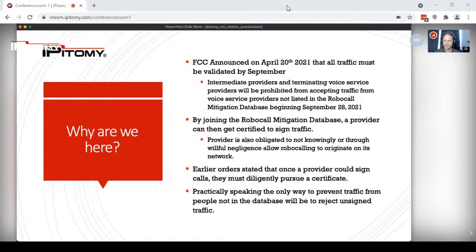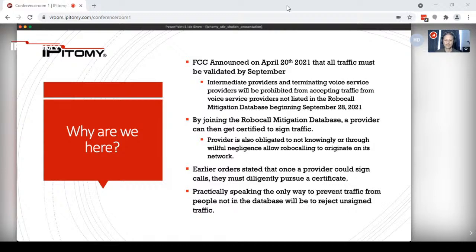And there was an earlier directive that said that once a provider could obtain a certificate to sign calls, they had to diligently pursue that certificate. So when they changed this rule on April 20th, they basically said, as long as you get in this database, you can get a certificate.